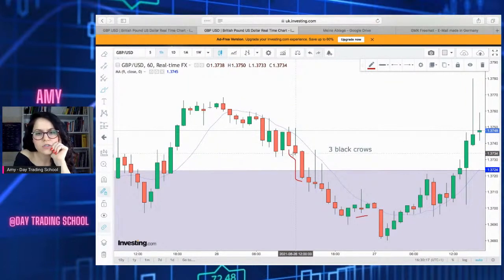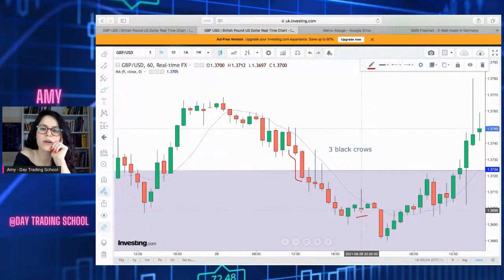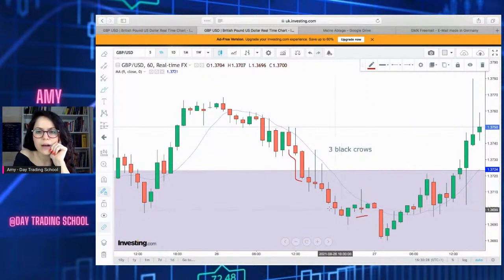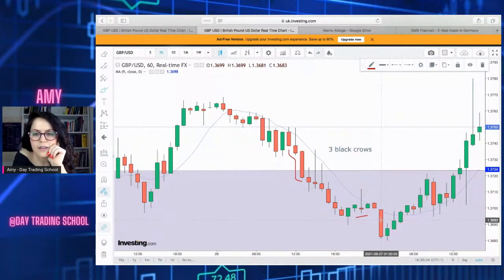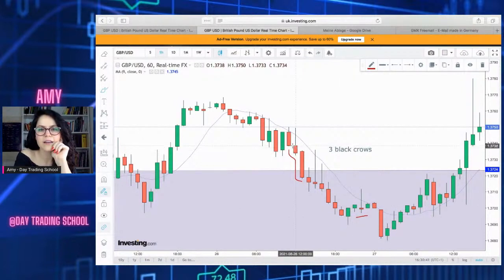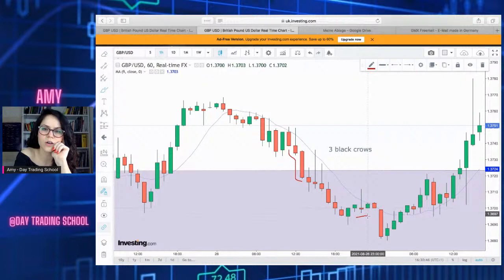And my question to you is, here we have something like a gravestone doji. Here the market has opened and here the market has closed, right?